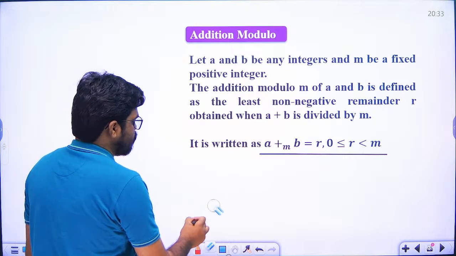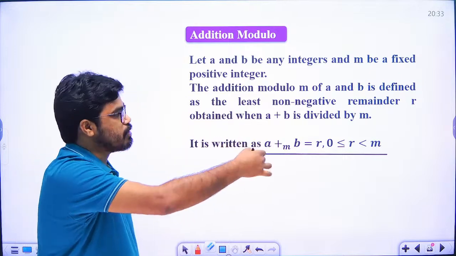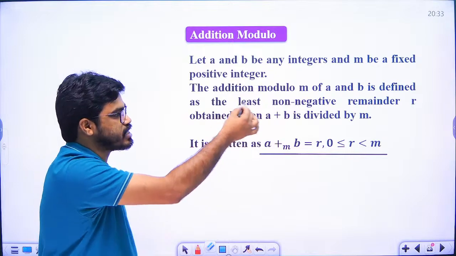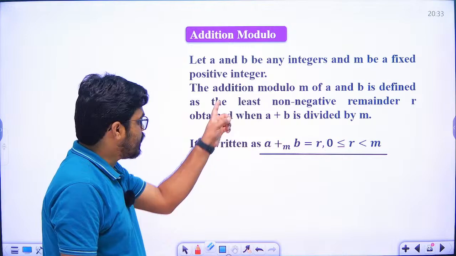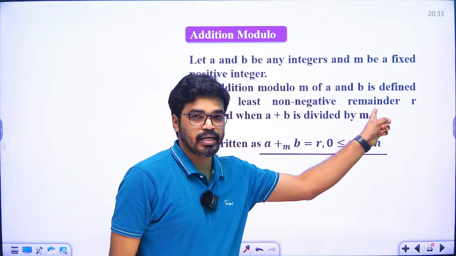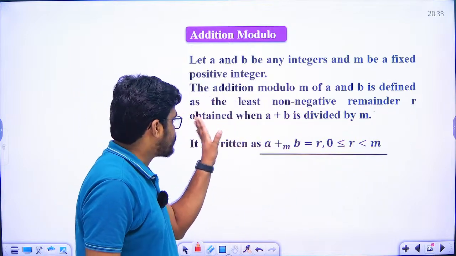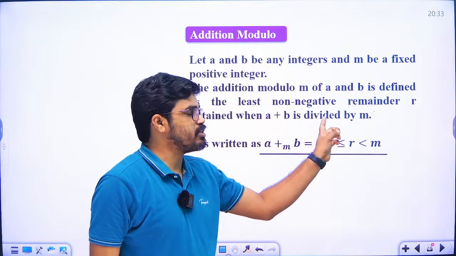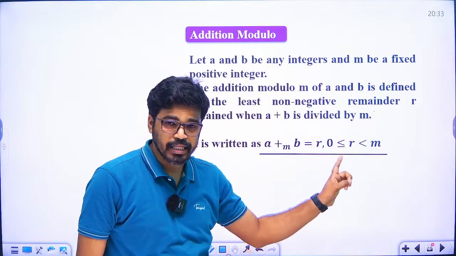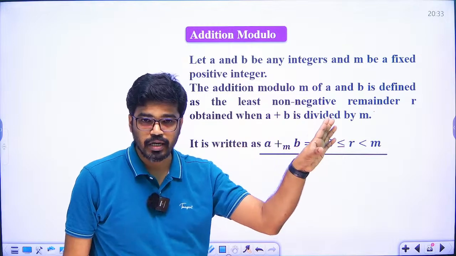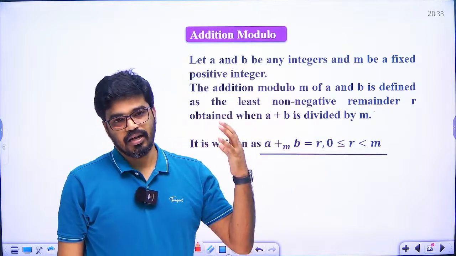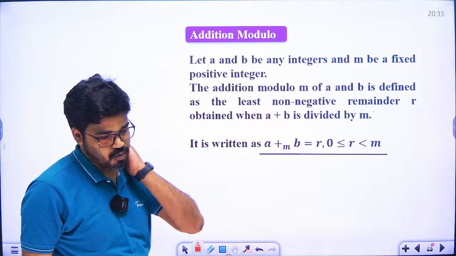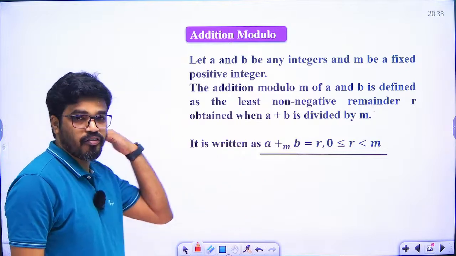So the addition modulo m of a and b is defined as the least non-negative remainder obtained when a plus b is divided by m. We divide a plus b by m, and the remainder we get is my answer. Getting my point? Okay, so this is the concept of addition modulo.